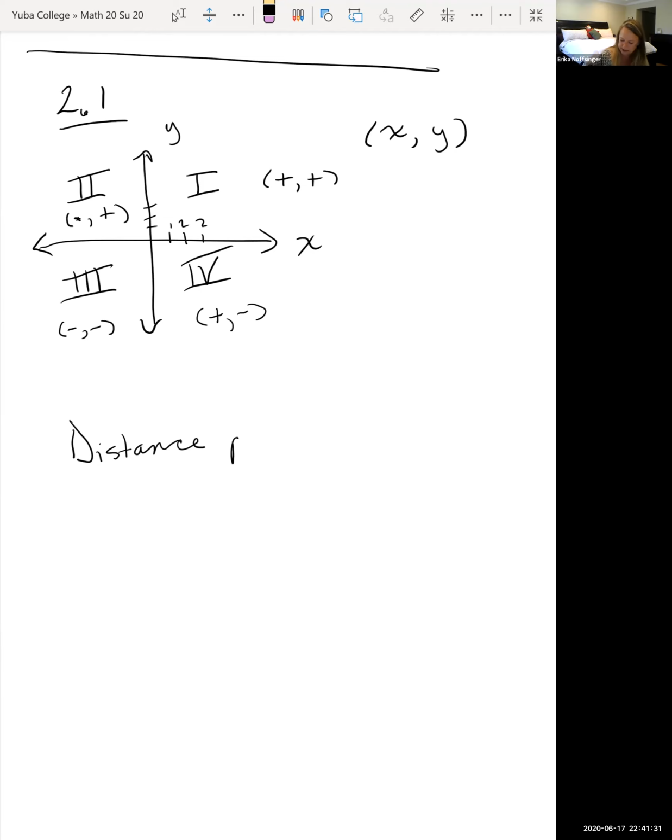So if we want to look at the distance between 2 points, basically we can derive this really quick if you remember your Pythagorean theorem.